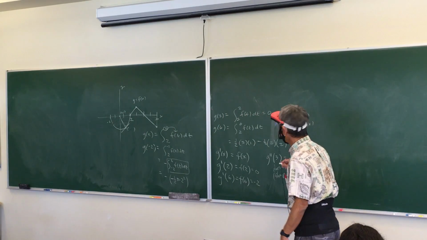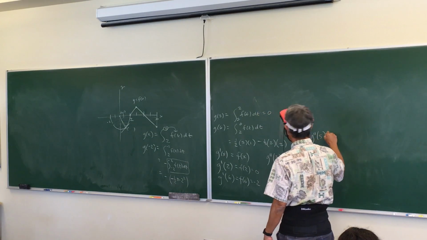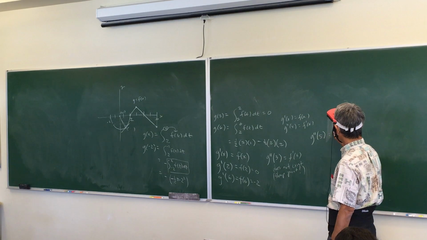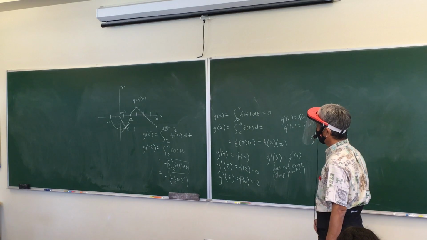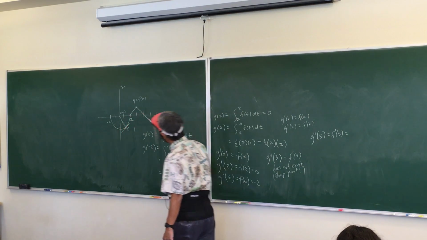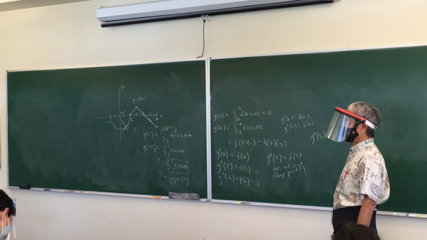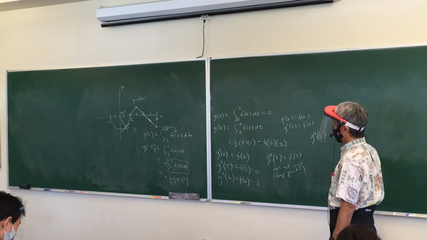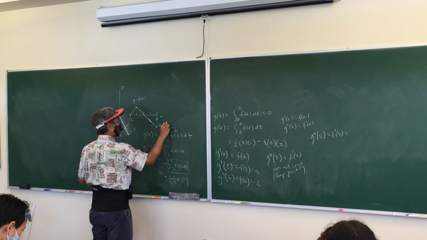What is g double prime of 5? Which is f prime of 5, which is? So in other words, where's 5? Right here. What is the slope of the graph right there? Rise over run, right? Here's 6, -2.